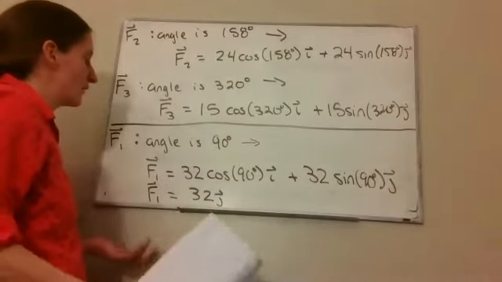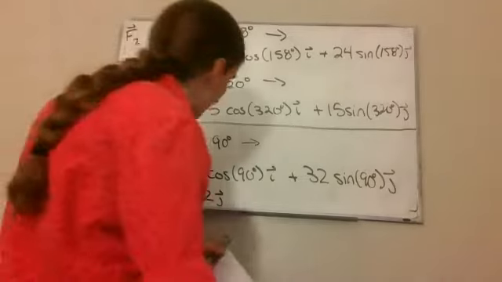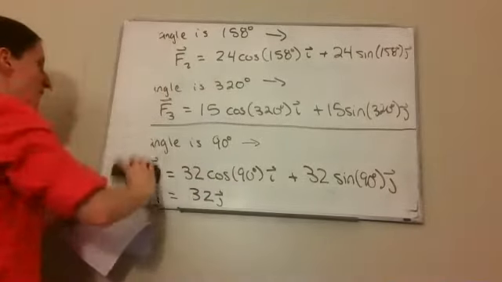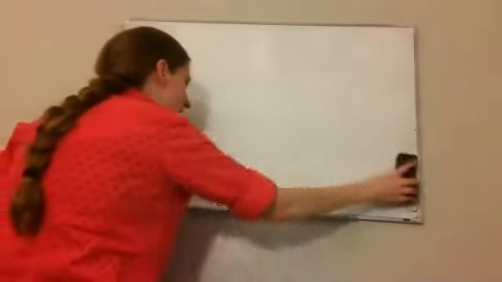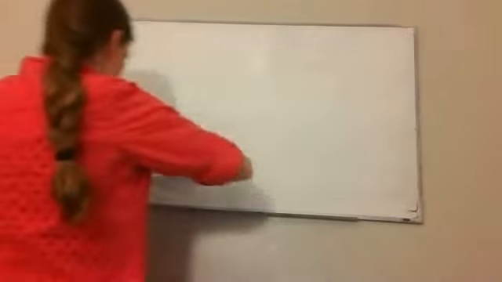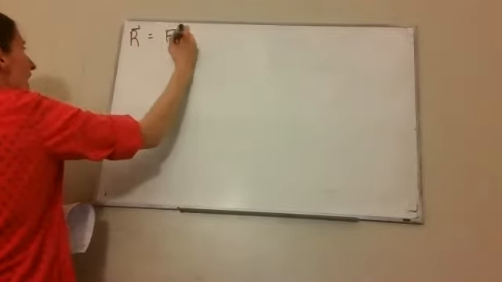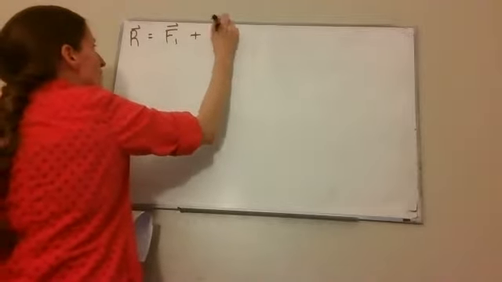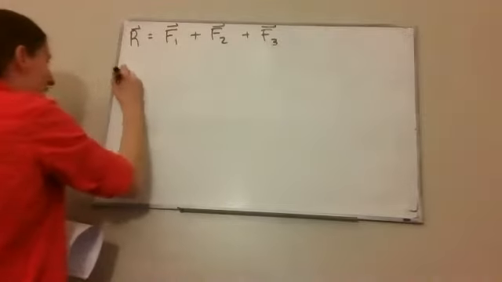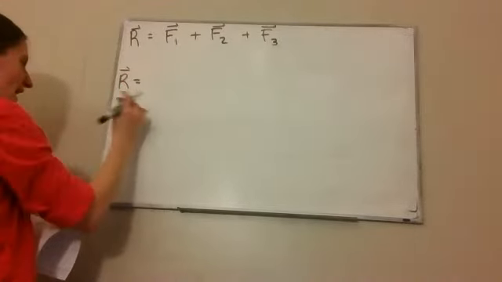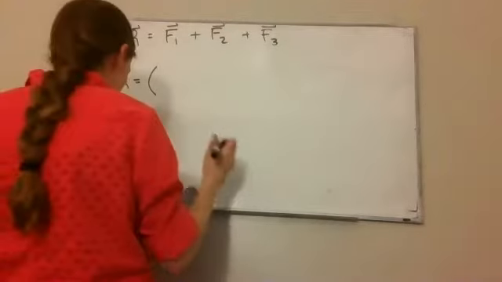And now I can get my resultant force R by adding these three forces together. So R is equal to F1 plus F2 plus F3. And since I want it in terms of i and j, I'm going to first group all the things with i together and all the things with j together.